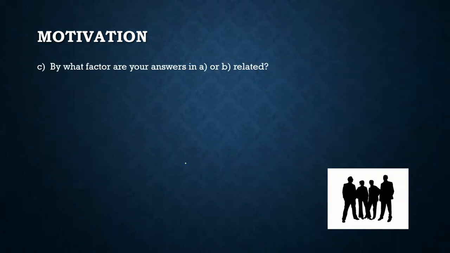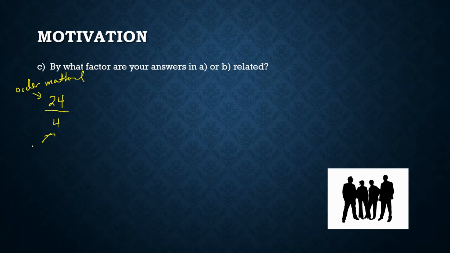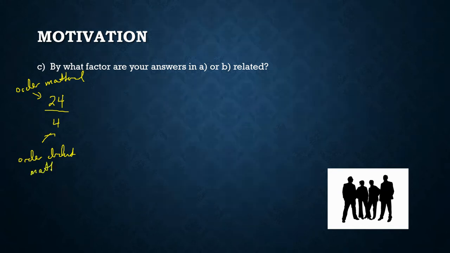If we think about what factor they're off by, well, the first answer, part A, was 24. So the 24 came when order mattered, right? The 4 groups of 3 came when order didn't matter. And 24 divided by 4 equals 6. 6 actually has a lot of relevance to this problem because 6 is the number of ways to arrange 3 people, right?